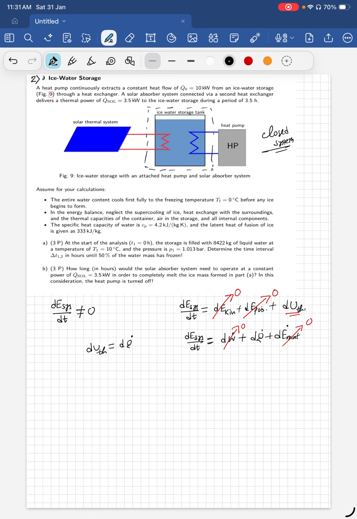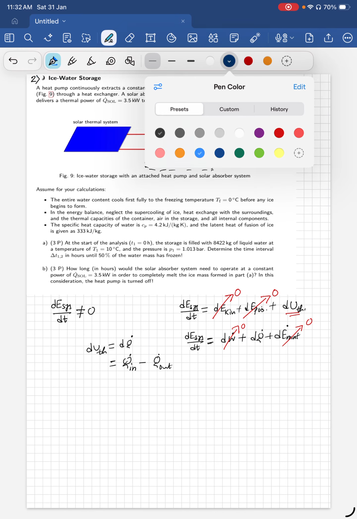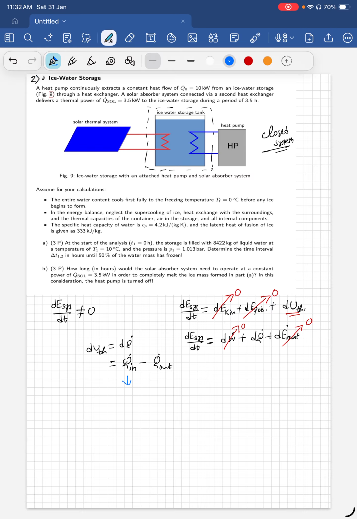And here the heat energy is coming inside the system via solar thermal energy, so we can write Q dot in. And this heat is leaving the system, absorbed by the heat pump, so we can write Q dot out. Q dot in is coming in via the solar system, and heat is going out via the heat pump.